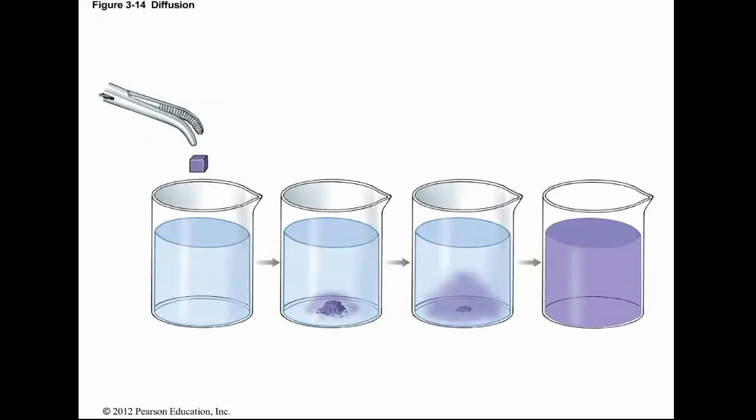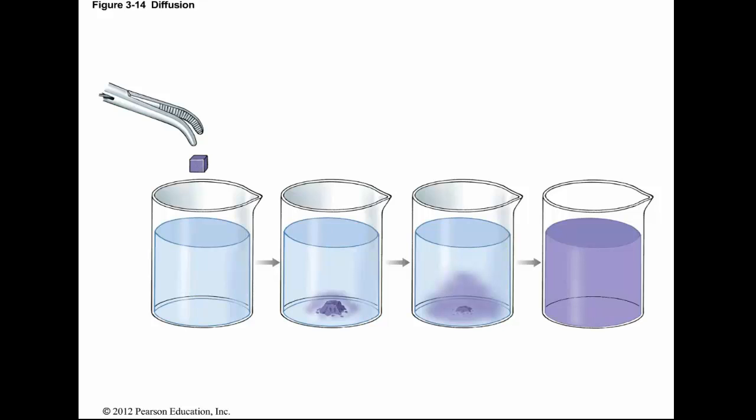So here's our diagram. We've got the same beaker after a time delay. Here we are adding a little cube of colour, which is going to dissolve in the solution. The little cube of colour is called the solute, and the water, or what it is going to be dissolved in, is called the solvent.